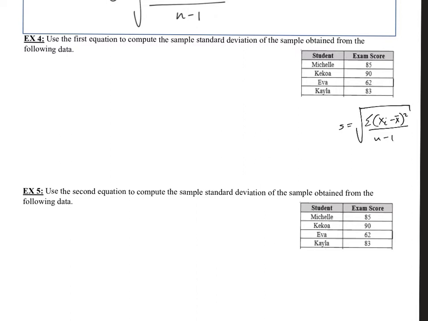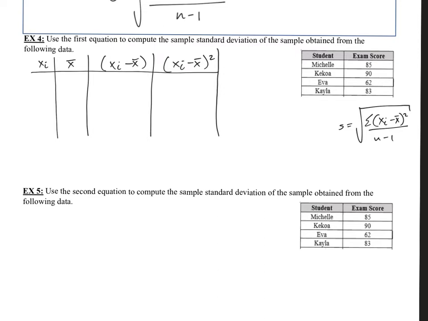So all we need to do is first find the xi minus x bar, then square that. Let's go ahead and set up our chart. We have our xi's, we need to find our mean. After that, find the xi's minus our mean, and lastly, find the squaring of each of those values.